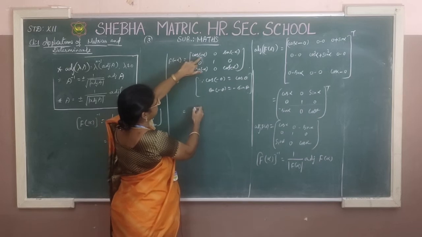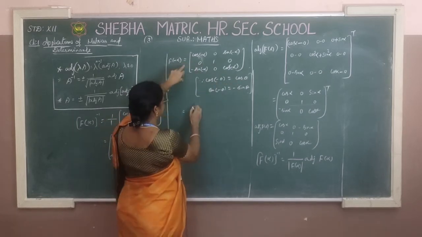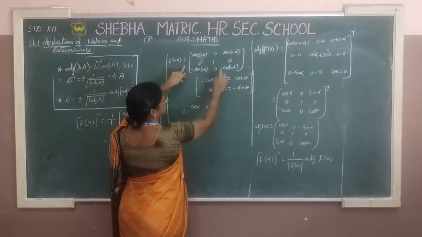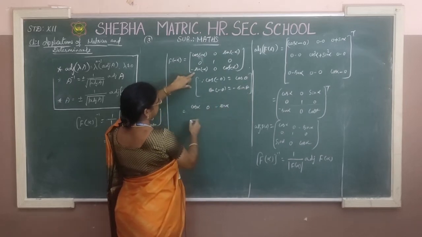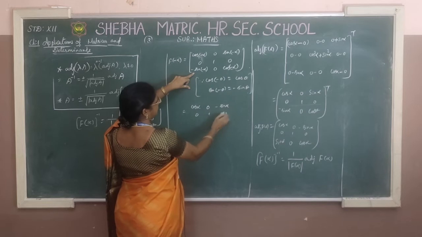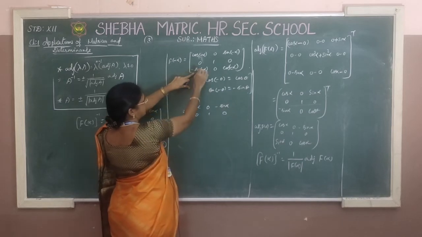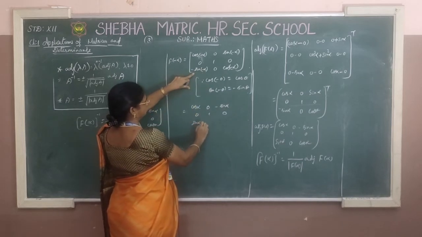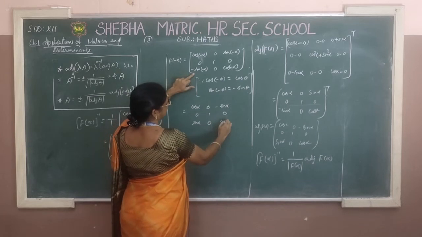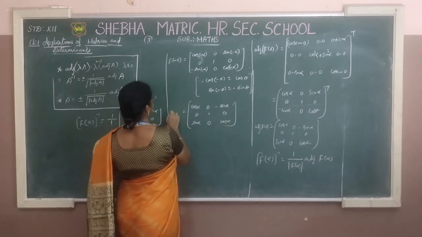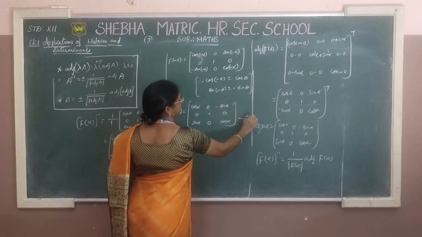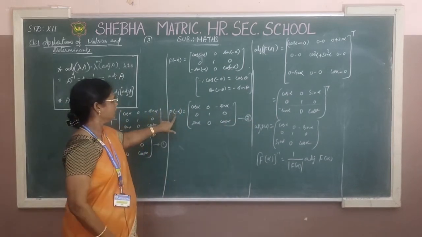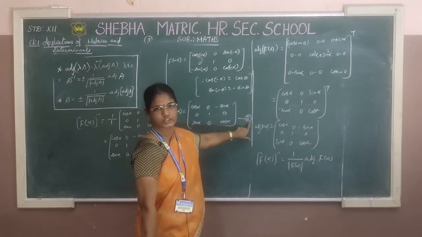Cos of minus alpha is plus cos alpha, 0, sin of minus alpha is minus sin alpha. Similarly, this is minus into minus plus sin alpha, 0 and cos alpha. This is our f of minus alpha. This is our RHS. So, we mark this equation as 2.